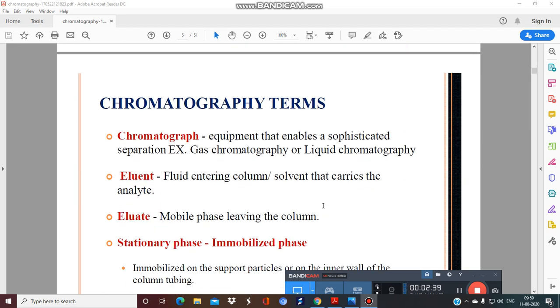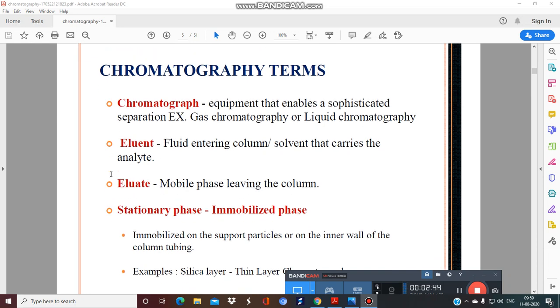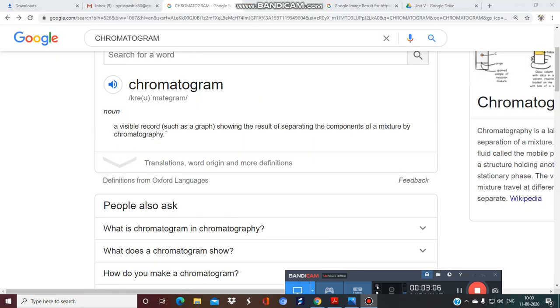Okay, so there are a number of terms used in chromatography, particularly two terms: chromatograph and chromatogram. Many students are confused by these terms. What is a chromatograph? A chromatograph is an equipment, an instrument. Whereas a chromatogram is a visible record showing the result of separation of molecules or components of a mixture by chromatography.